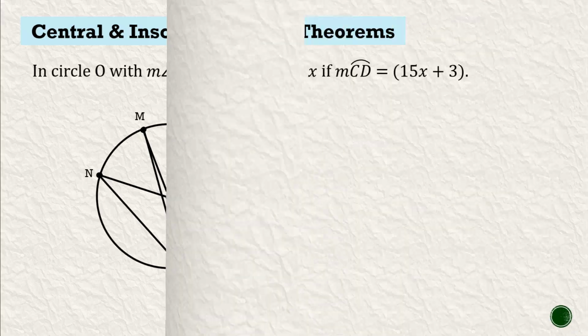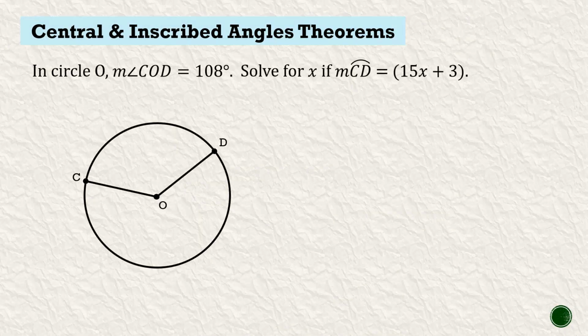Alright, let's go to the second to the last example. Here we have the central angle given, which is COD, and that's 108 degrees. And then our arc is given, and it says it's equal to 15x plus 3. Now they're equal, so that's our equation: 15x plus 3 equals 108.